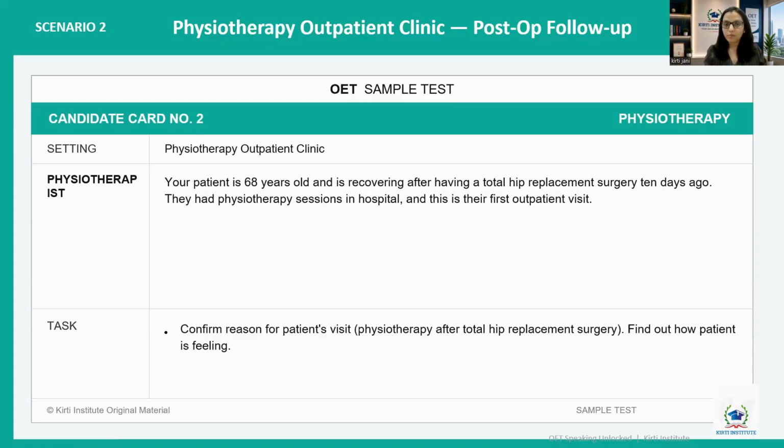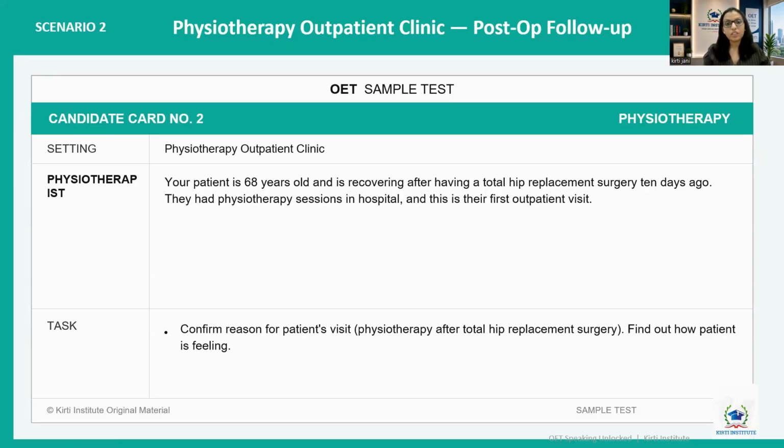The background information indicates that the patient underwent surgery 10 days ago. He or she has received some physiotherapy sessions during the hospitalization and this is the first outpatient visit. That means we are unaware of who the patient is. But if you look at the task, it says confirm reason for patient's visit.